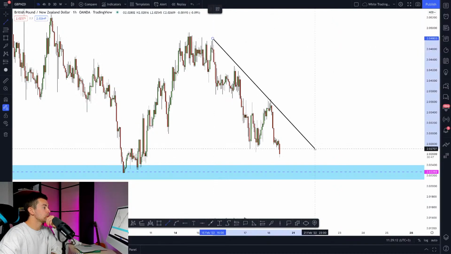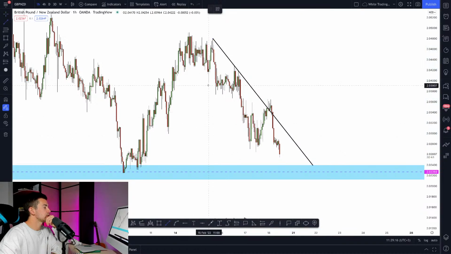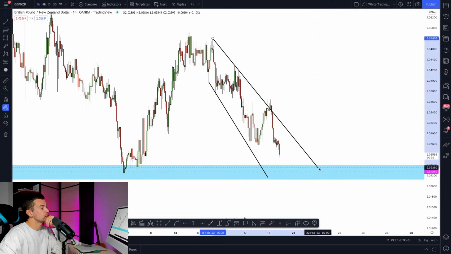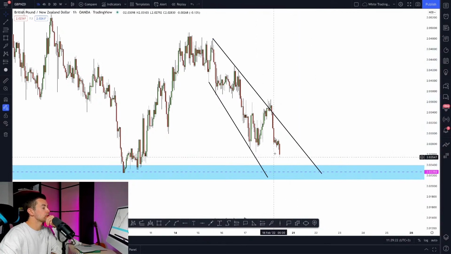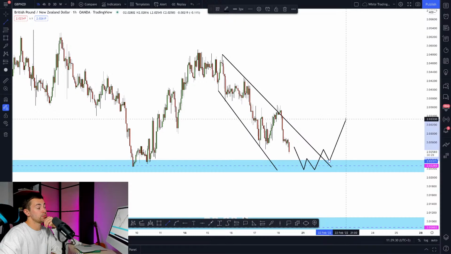Your confirmation to buy will be a bullish breakout of this flag pattern. You can see that right now the market is trading within this flag formation. In case of a test of that minor structure, you can catch a pullback trade after the breakout of the flag's resistance to the upside.